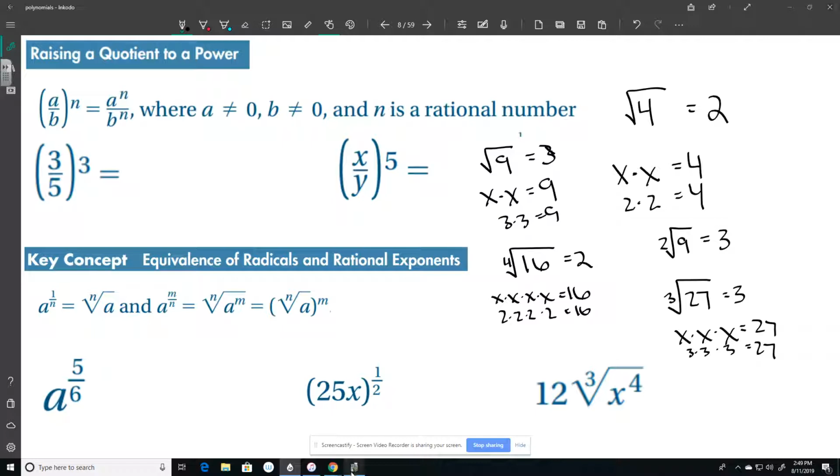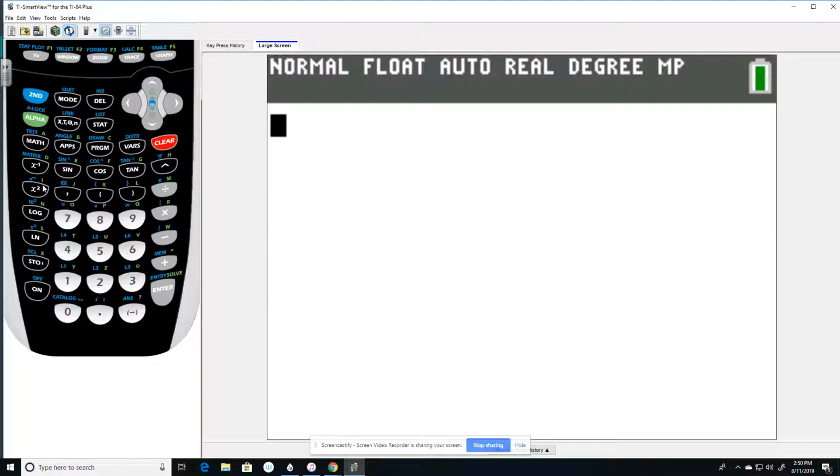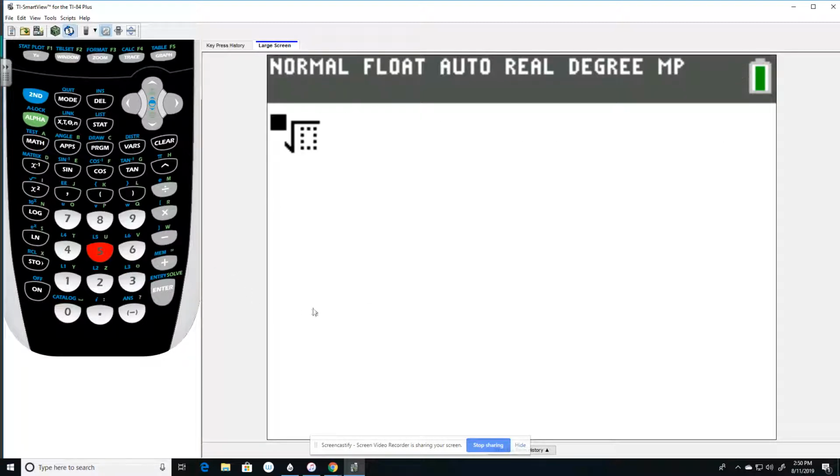And we can do that on our calculator. On these calculators here, there's a square root button that you can use. But if you click on math, the fifth option down has an x up above the root. So if you choose that option, it does this really cool thing. It lets you put a number right here.